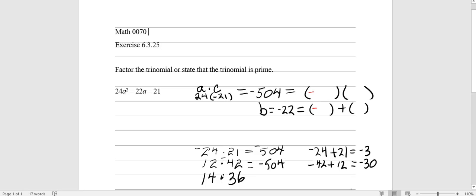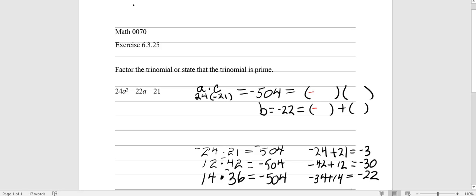Since I want these to add to be a negative, when I ignore the signs initially, I just have two positive integers. And I'm always going to be assigning the negative to the larger of the two positive integers. So this multiplies to give negative 504, and then negative 36 plus 14 equals negative 22.